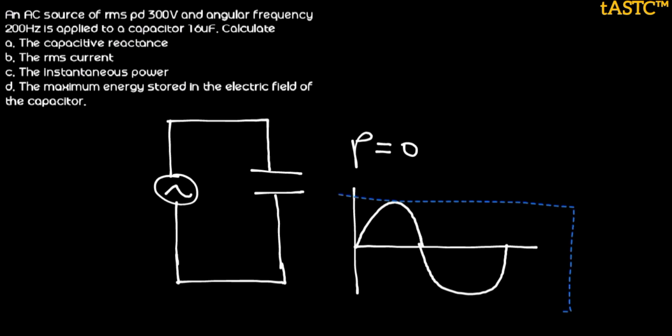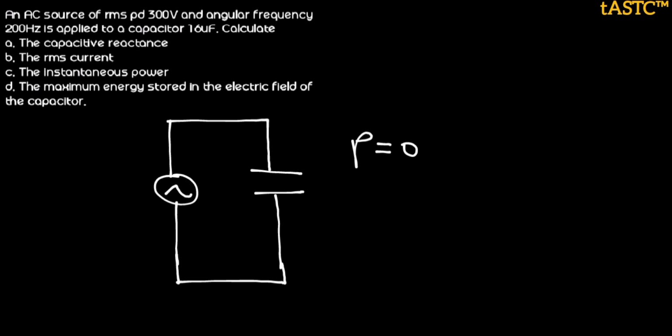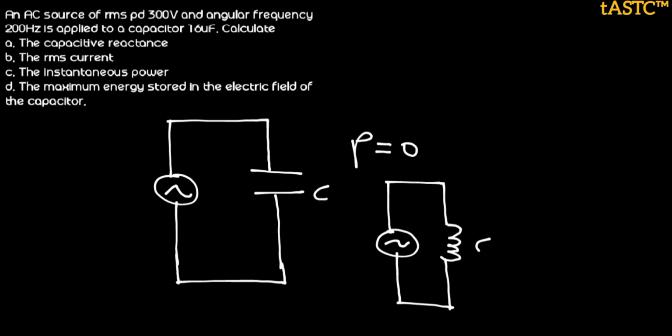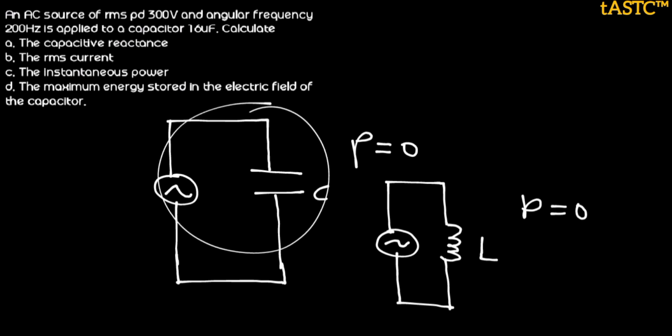Now the same case is going to be for an AC circuit which contains just an inductor connected to it. So this is a circuit which has a pure inductor. This is a capacitor. This is an inductor. So for this, the power is also going to be equal to 0, because the same thing actually happens.